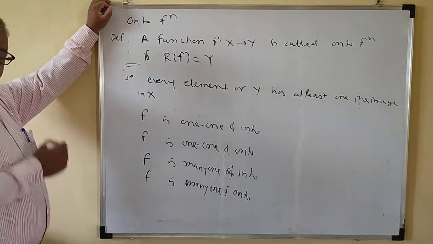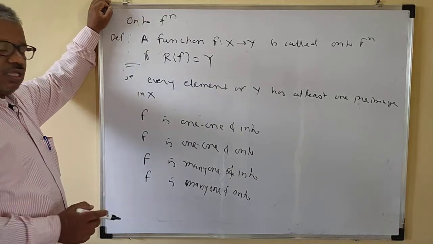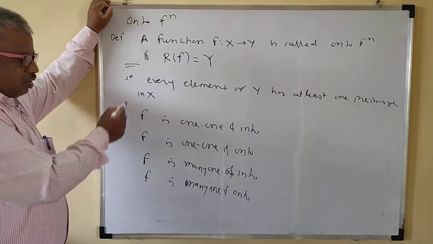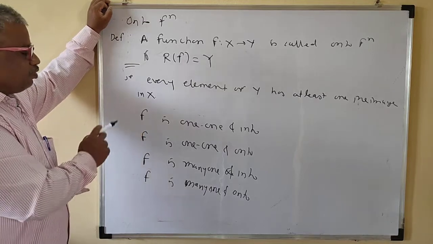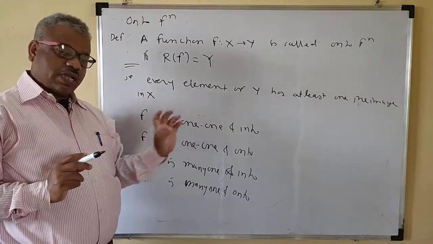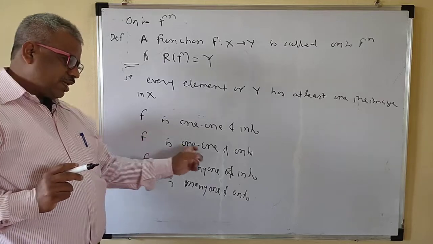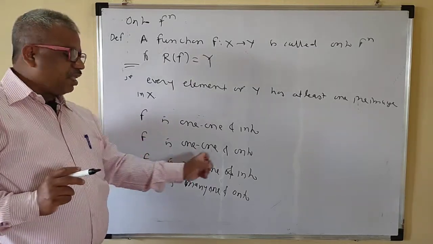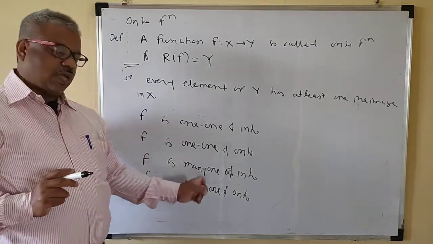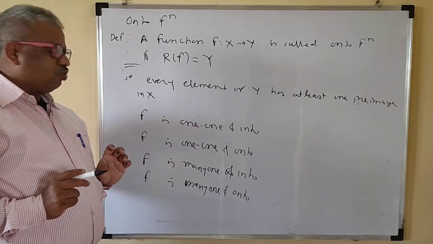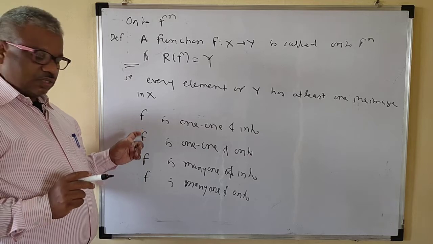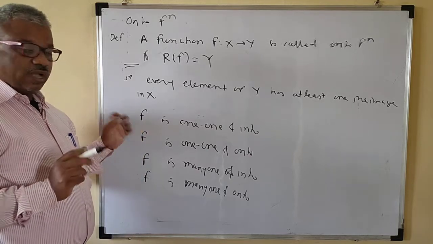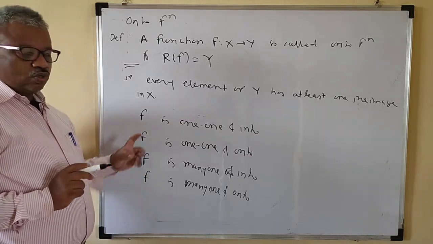So if you take any function, it is one of these types. That means it is 1-1 and into, or 1-1 and onto, or many one and into, or many one and onto function, right? So if it is a function, then only one of these exists, not two.